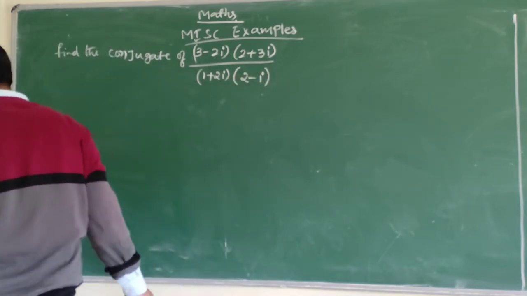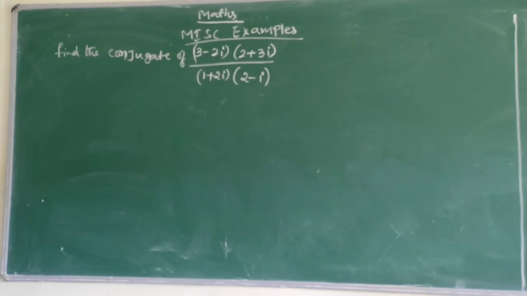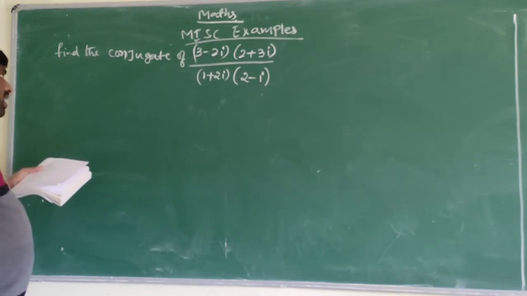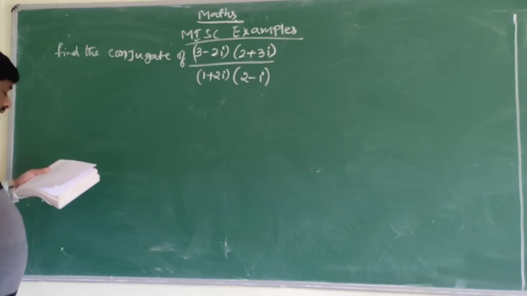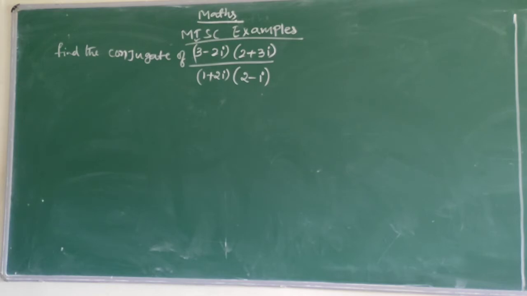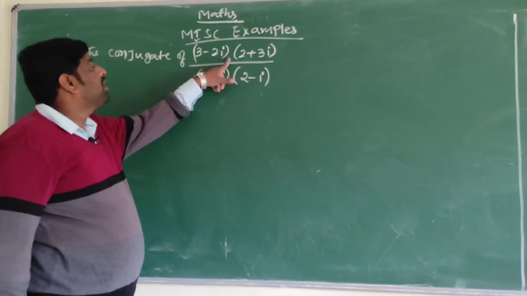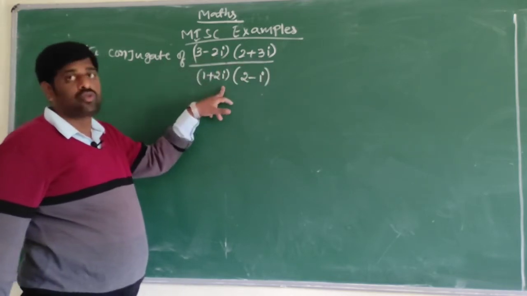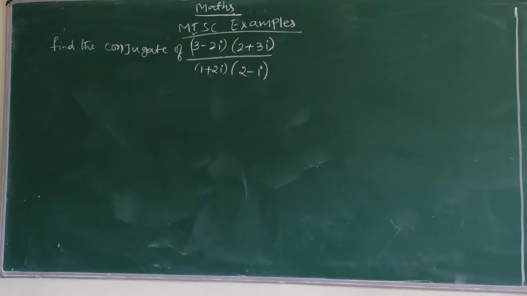So now here, 3 minus 2i into 2 plus 3i divided by 1 plus 2i into 2 minus i. Now here we have to find the conjugate separately, that is 3 minus 2i into 2 plus 3i divided by 1 plus 2i into 2 minus i.